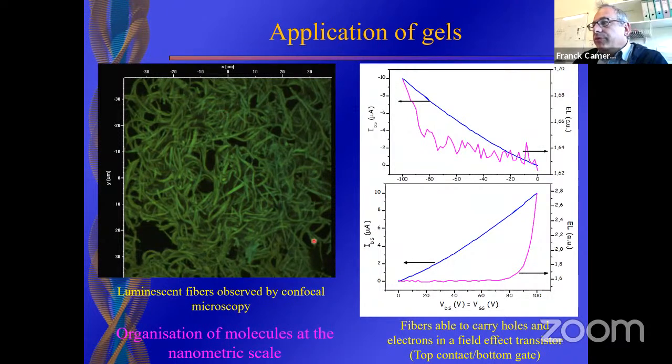And after we put these fibers in field effect transistors, and we have shown that these kind of fibers can conduct electrons and holes with almost the same facility. So you can, for example, expect to use these fibers for electronics, for example, as nanowires.